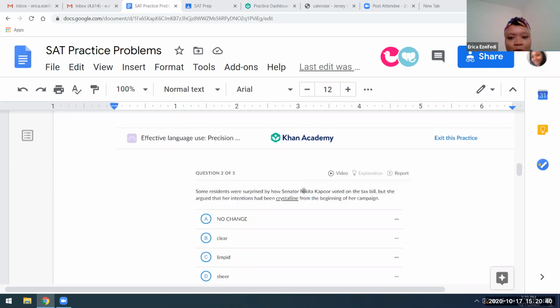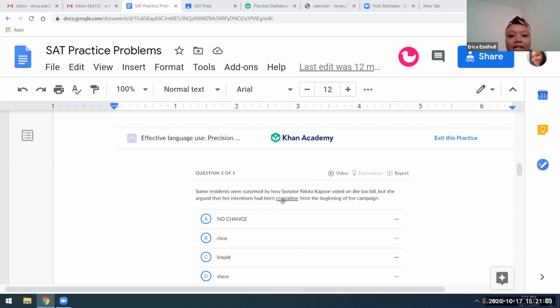So what came before the word but? What came before the word but was that people were surprised by how the senator voted. So we're about to see something that contradicts them being surprised or why they should be surprised. So, but she argued that her intentions had been blank from the beginning of her campaign.